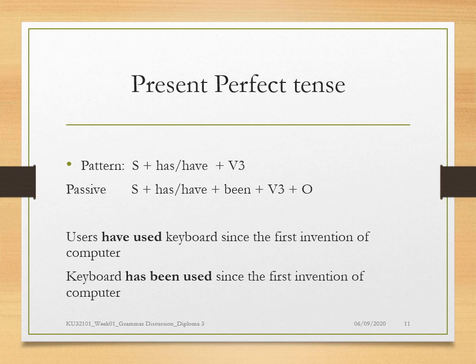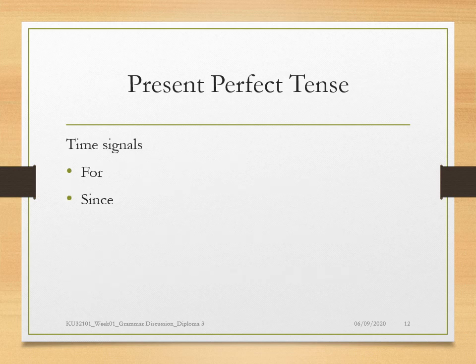If the subject is a plural, then you use have, except for the subject I. Okay, that's the easiest way to understand it. Next, for the time signal, the usual time signal for present perfect tense will be for and since, the most common one.